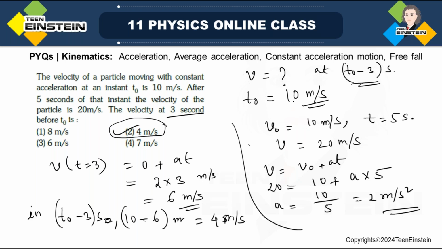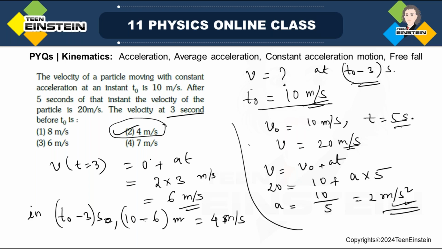So what I have done here is I have taken the velocity at t0 to be the initial speed at that particular instant. Then in 5 seconds, t0 plus 5 seconds, if I take this as initial speed, then I can get the acceleration. Once I get the acceleration, I know in 3 seconds what it will gain.